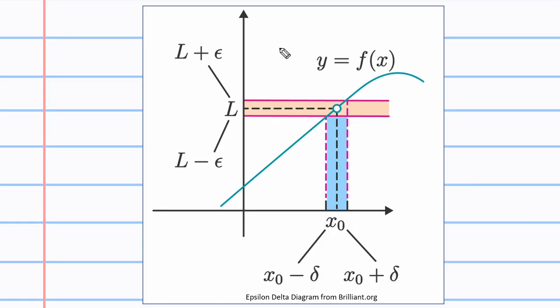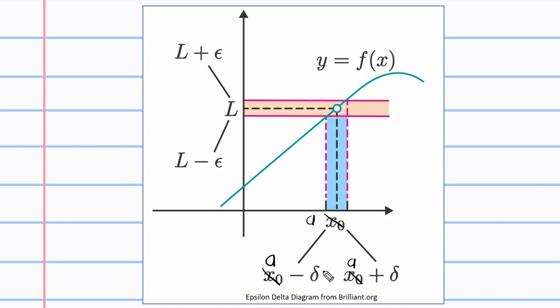Basically, what the epsilon delta definition of a limit is saying is that if we choose any value of epsilon that's greater than 0, we should be able to find a value of delta such that any x value from a minus delta to a plus delta can be plugged into f of x and yield a value that's between L minus epsilon and L plus epsilon.